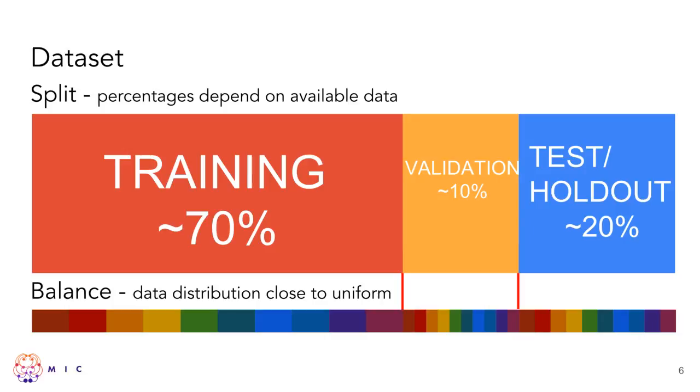There are a lot of hyperparameters that you need to tune, and you can't always guess the first time what the correct values are. So typically what you do is you come up with several models, you train them all on your training set, then you compare them on your validation set, then you pick the best one, and that one you prove out on your test or your holdout set to see what the actual performance is.